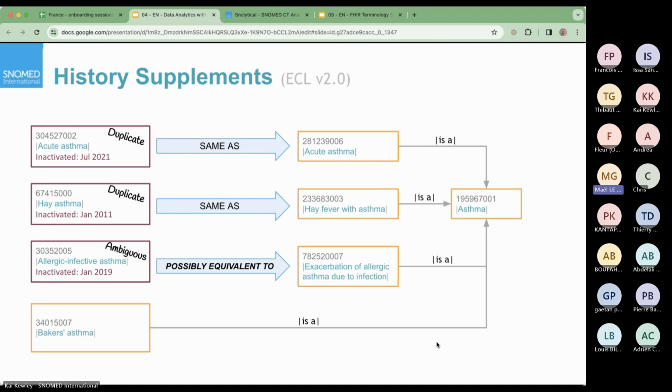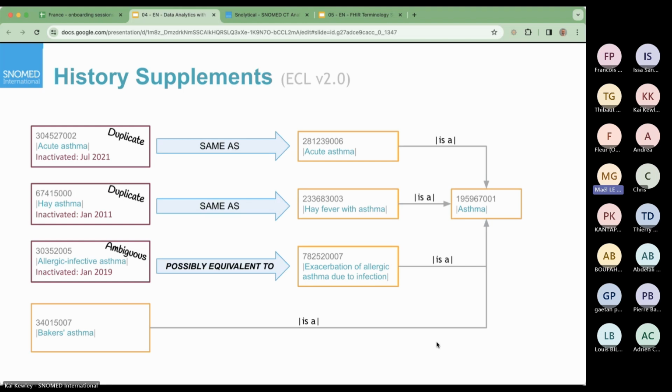There may be something that's still lacking in some interpretation that could also exist but is not represented. So when you say a loose association, the possibly equivalent to is looser than the same as. If you want to be sure that it's exactly the same meaning, then it's a duplicate, and then it's the same as association.